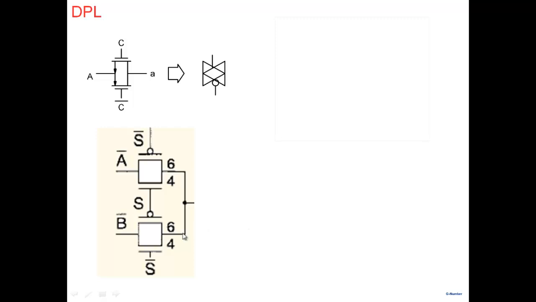Look at this one. By the way, what function does this implement?